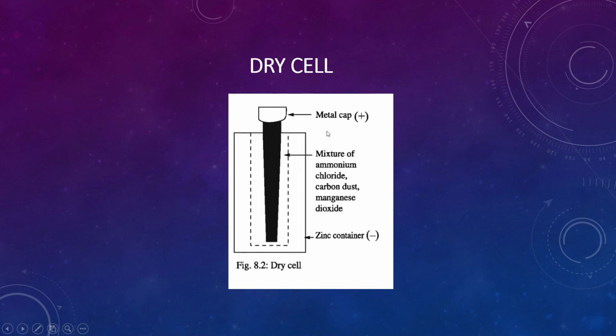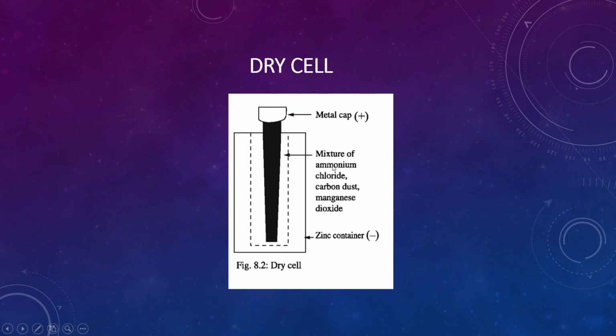On the top of this dry cell, such as a battery, which is also a dry cell, there is a top that is called a metal cap. In every battery, if we take a closer look at the positive end, it always has a metal cap.